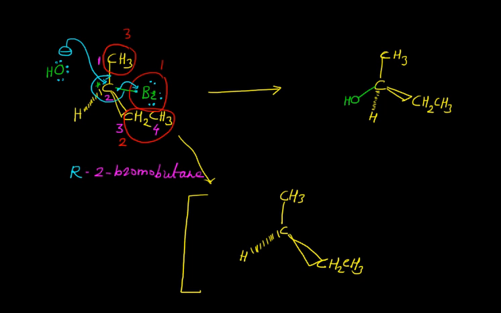In the intermediate step, this carbon has a partial bond with this bromine, so I will write here delta negative charge, and the partial bond with this OH minus ion, so I will write delta negative on this OH like that, and this intermediate will get converted into this final product.